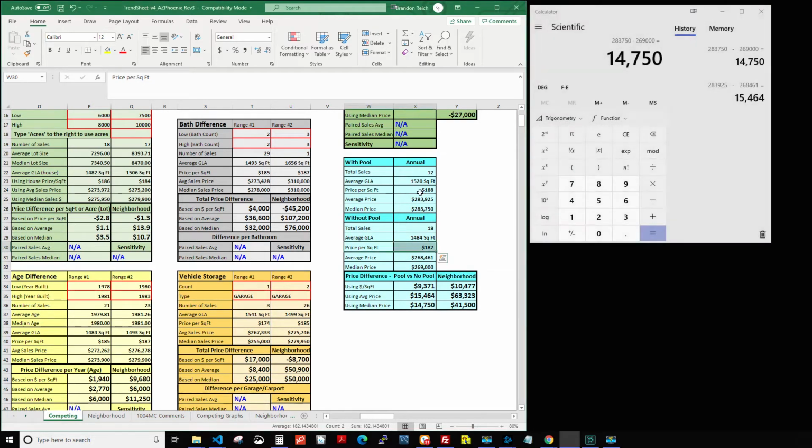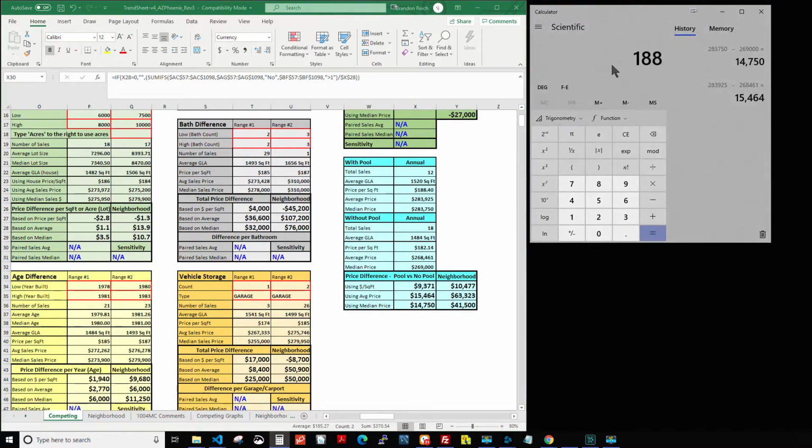And I'm guessing here, before we do the math, let's just get more decimal places on there. So that gives us 188.40 and 182.14. And so I can go 188.40 minus 182.14. And that tells us that the overall price difference is $6.26 per square foot between these two groups of properties.